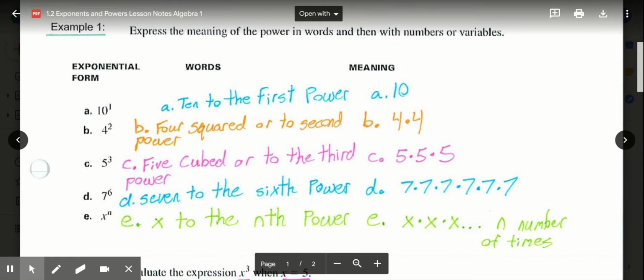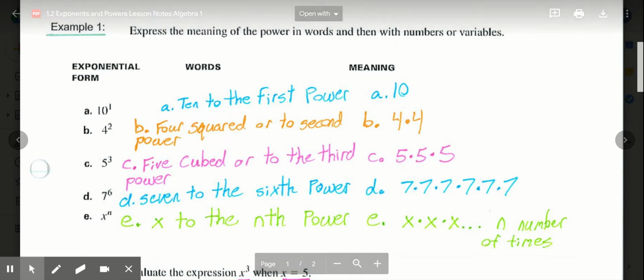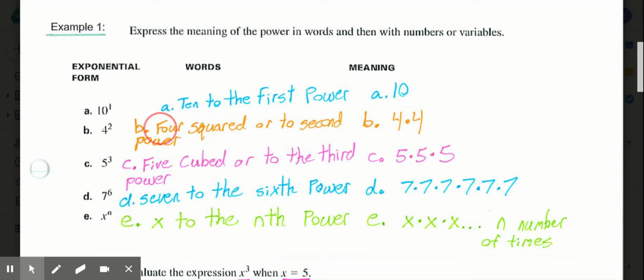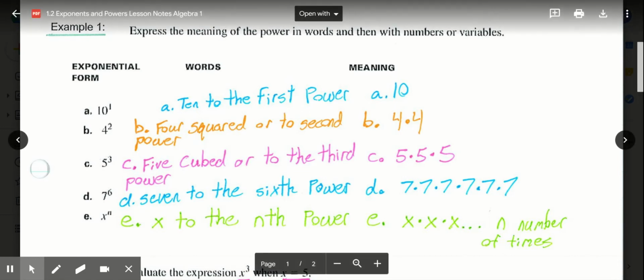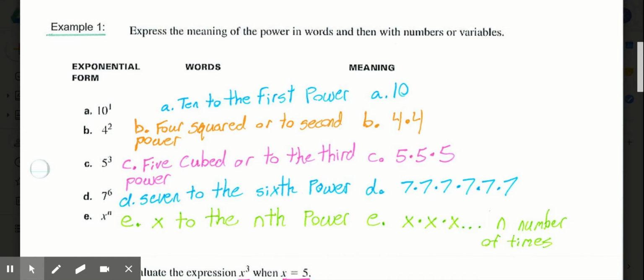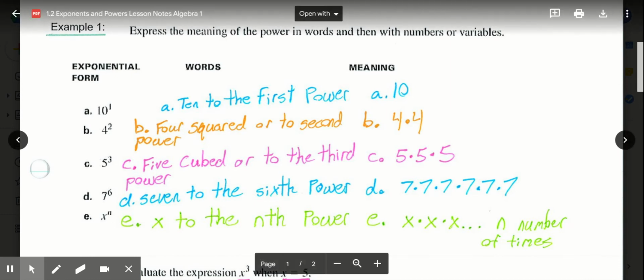In part B, we have a base of 4, an exponent of 2. So anything with an exponent of 2 can be called squared. So one way to read this would be 4 squared, or we could read this as 4 to the 2nd power. So it's 4 squared or 4 to the 2nd power.